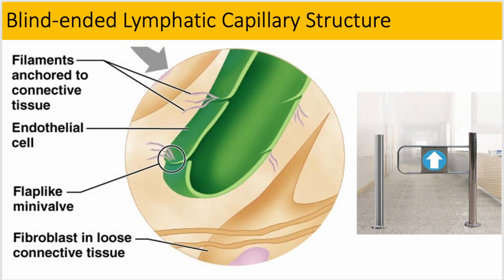So while these capillaries really are everywhere in your body, there are some places where they are not. They're not going to be in your bones. They're not going to be intertwined in your bone marrow, and they're not in your teeth. So if we think about that, why would we not have lymphatic vessels in our bones, bone marrow, and teeth? Well, if you think about those structures, what do they all have in common? They're all very hard.